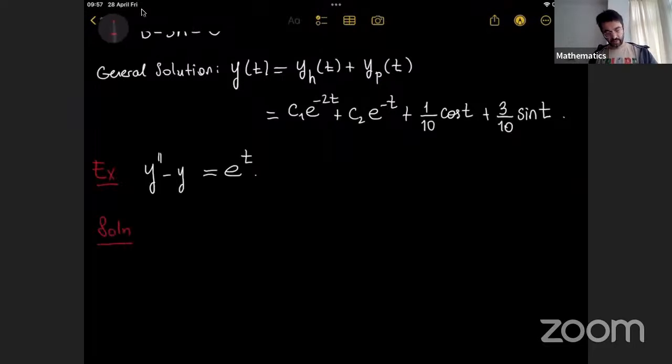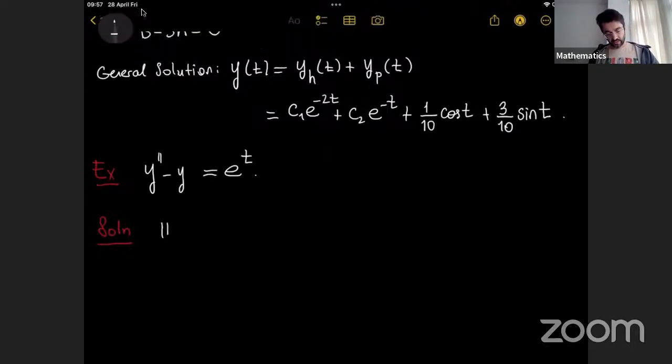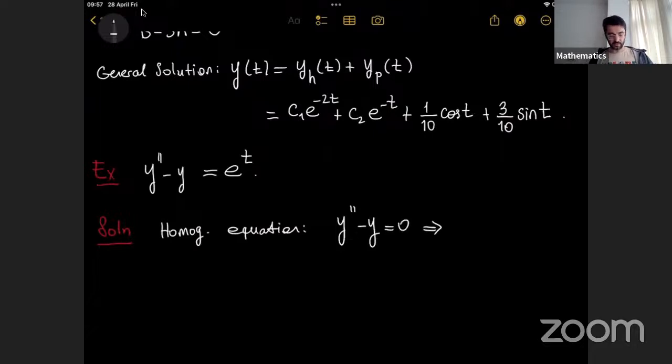Well, it looks like a simple equation, but there is a trick here. We will talk about this now. Now the homogeneous equation is again y double prime minus y is equal to 0. The characteristic equation is going to be lambda square minus 1 is equal to 0.